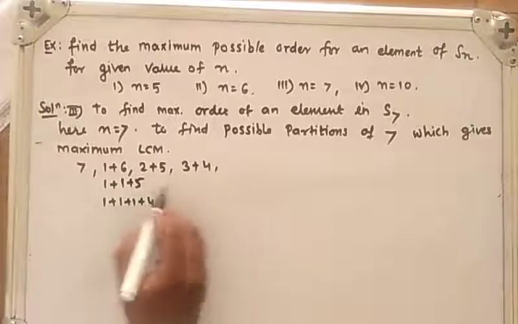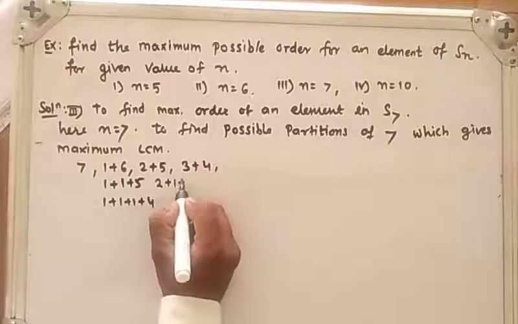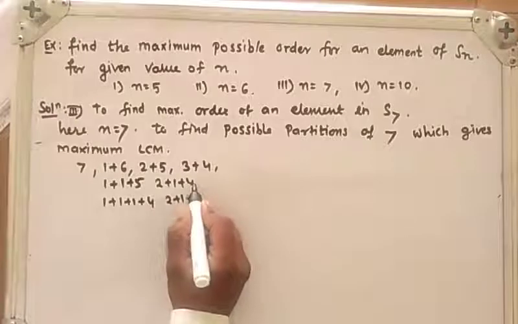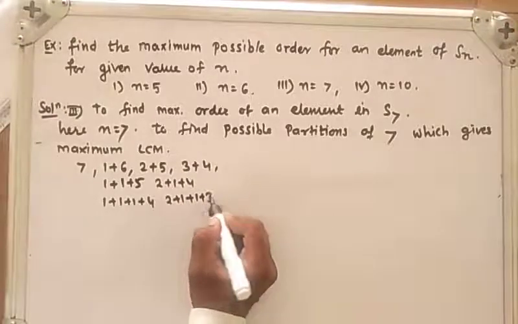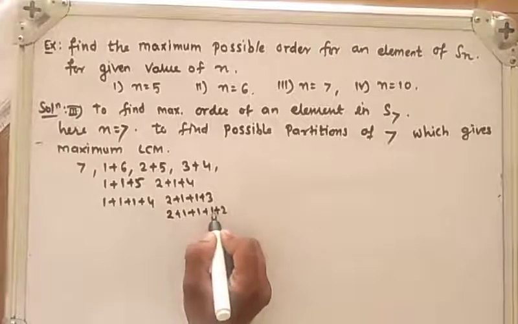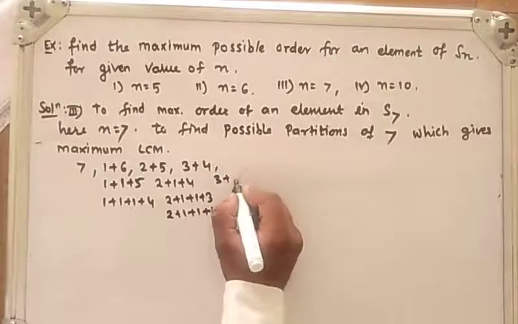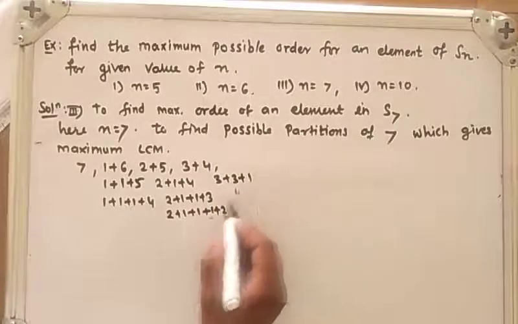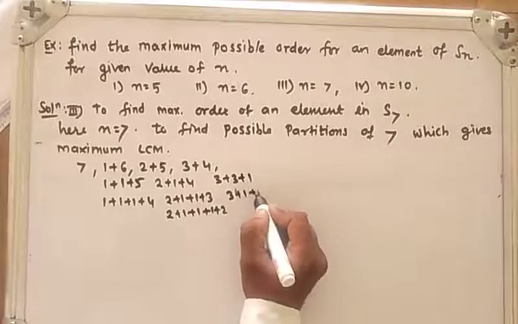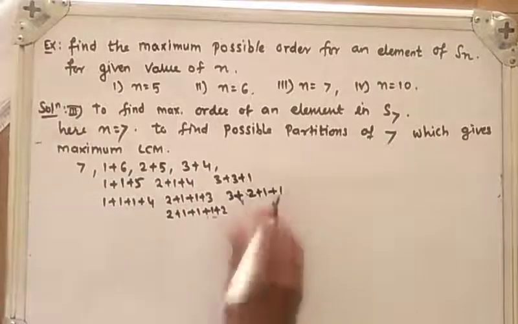Again, here I will put 2 as it is and partition the second element: 2 plus 1 plus 4, and 4 can be distributed as 1 plus 3. So again 2 plus 1 plus 1 plus 1 plus 2, like this. Here 3 plus 4, 4 can be distributed as 3 plus 1, and 3 can be distributed as 2 plus 1 plus 1, like this.